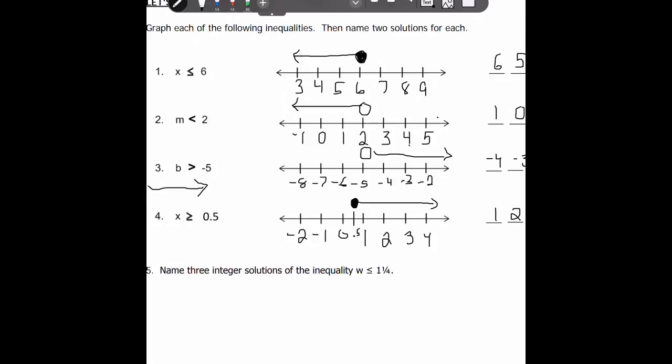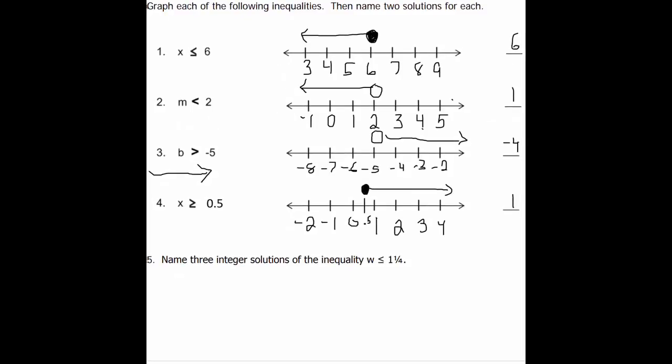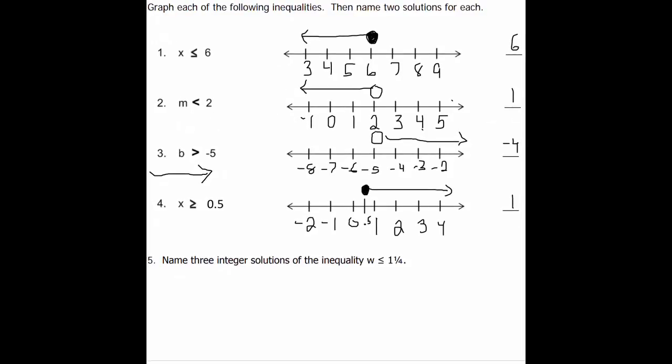Number 5. Name 3 integer solutions of the inequality w is less than or equal to 1 and 1/4. Now the question specifically says 3 integer solutions to the inequality w is less than or equal to 1 and 1/4.